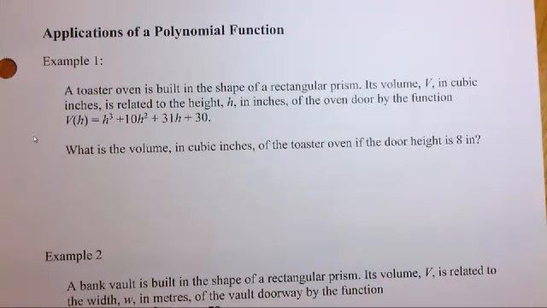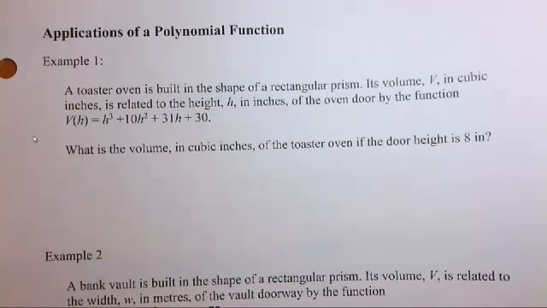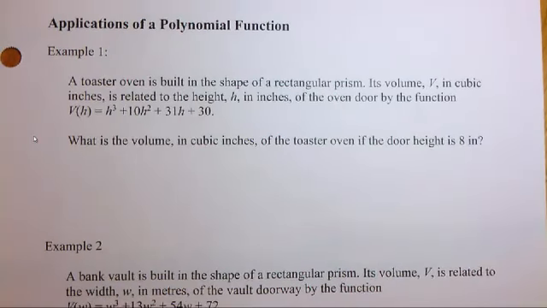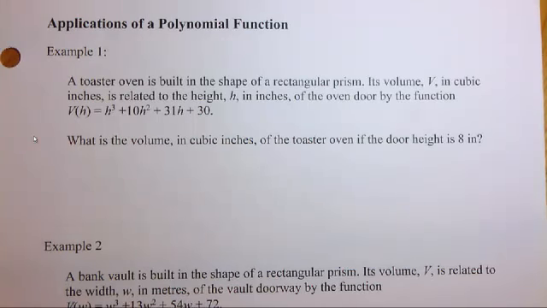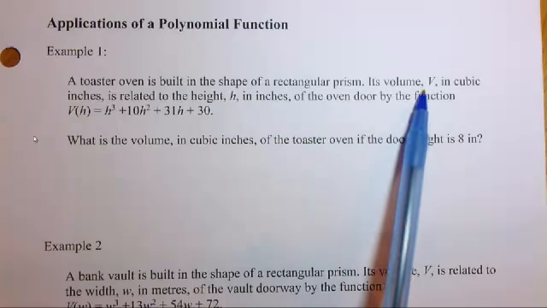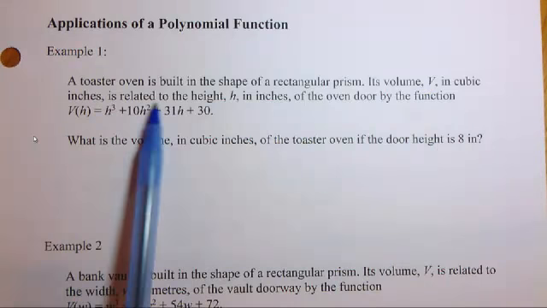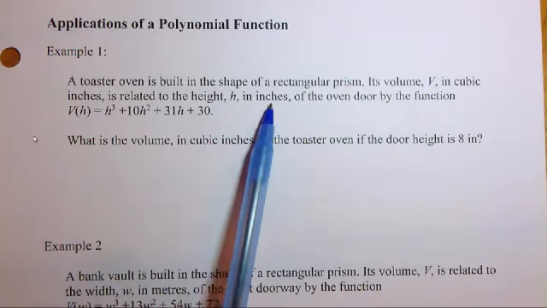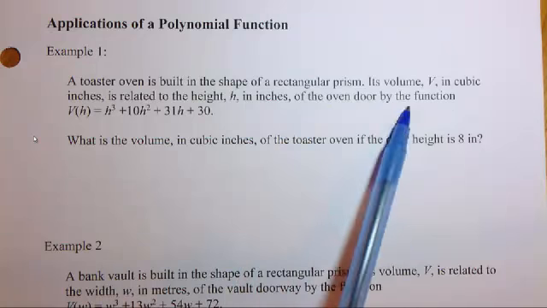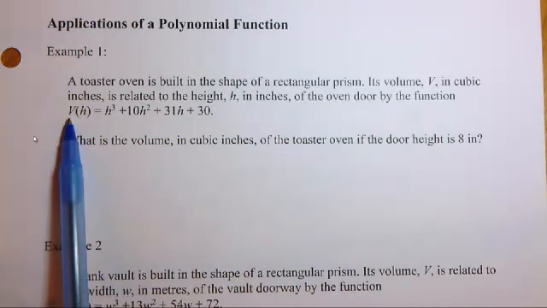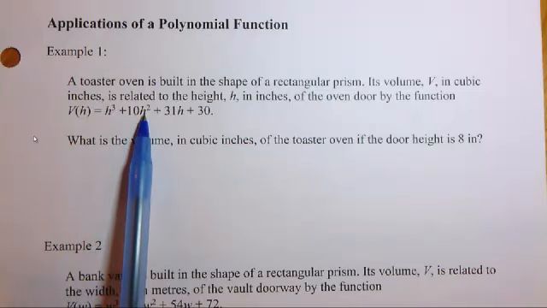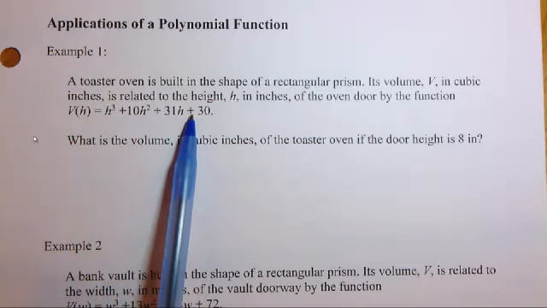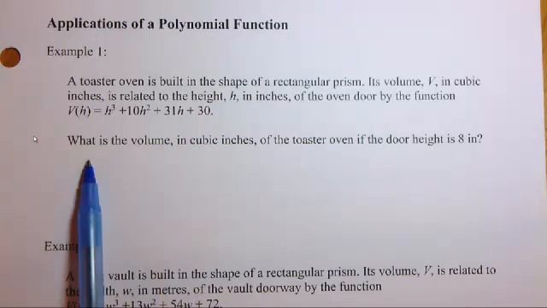Okay, now this next question here looks at applications of a polynomial function. This first question says a toaster oven is built in the shape of a rectangular prism. Its volume V in cubic inches is related to the height h in inches of the oven door by the function V of h equals h cubed plus 10h squared plus 31h plus 30.